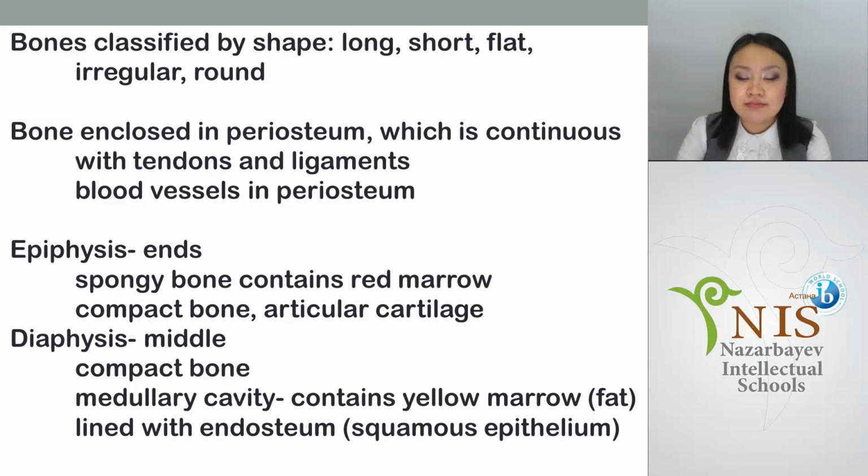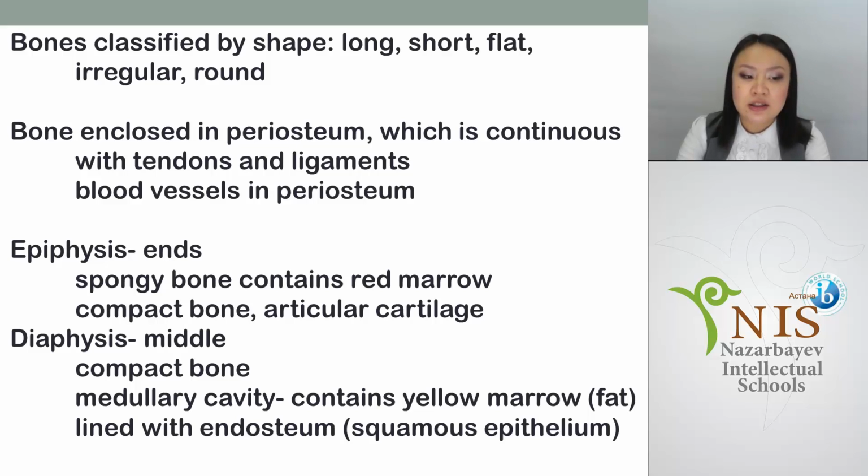Bones are classified by shape, like long bones, short, flat, irregular, and round bones. Bone is enclosed in periosteum, which is continuous with tendons and ligaments, with blood vessels in the periosteum.